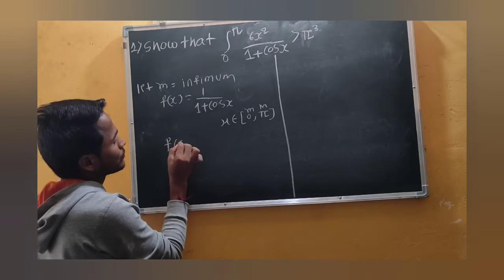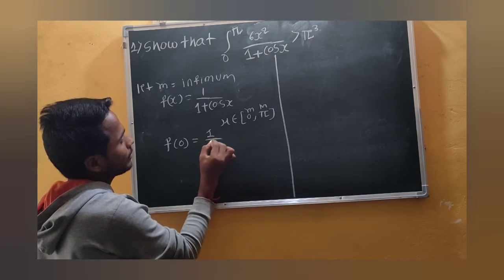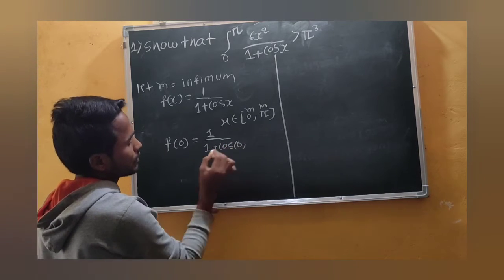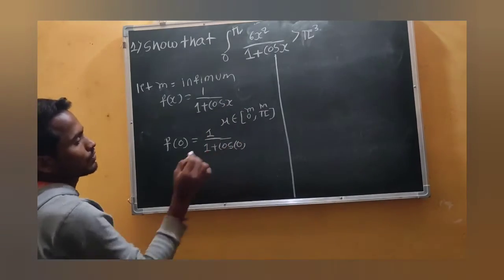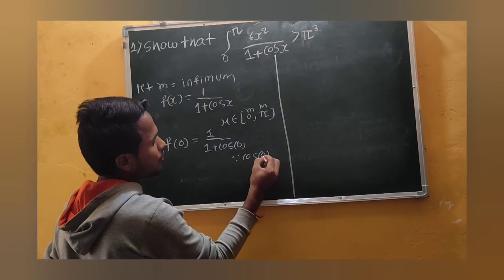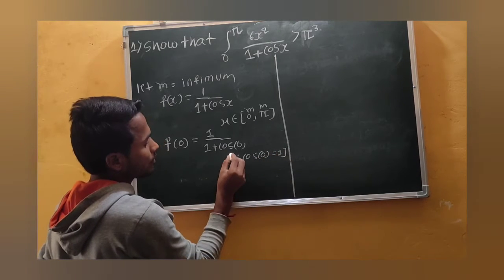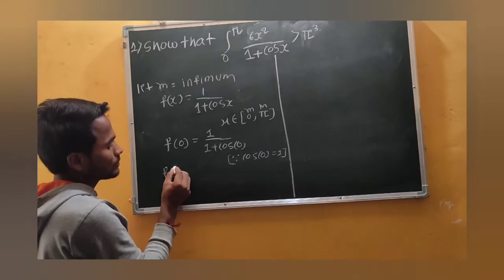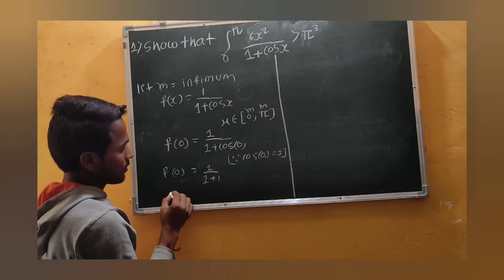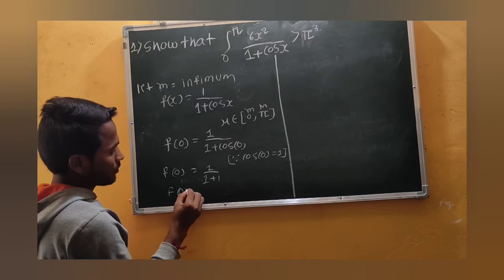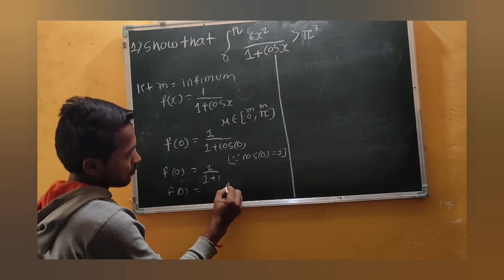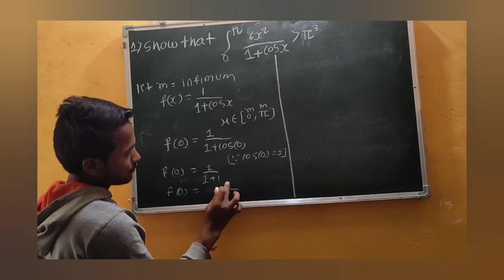So f of 0 equal to 1 divided by 1 plus cos 0. Cos 0 equals 1, so f of 0 equal to 1 divided by 1 plus 1, which is 1 divided by 2. So small m equal to f of 0 equal to 1 divided by 2.